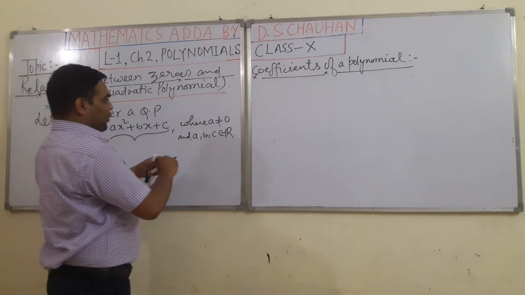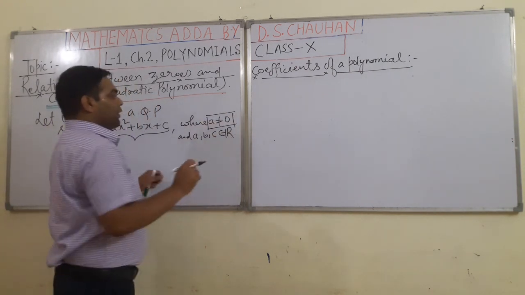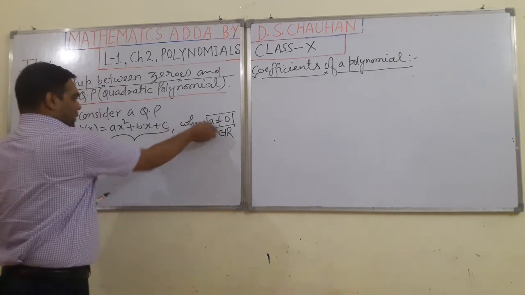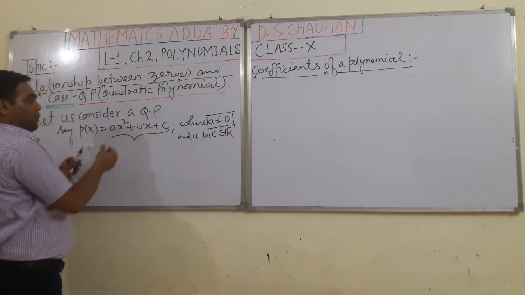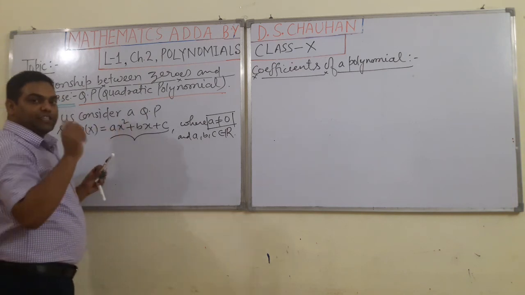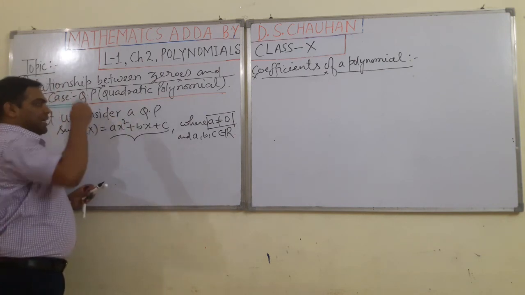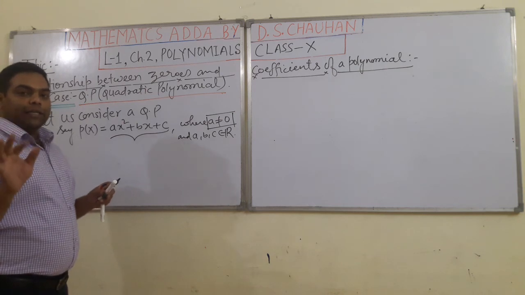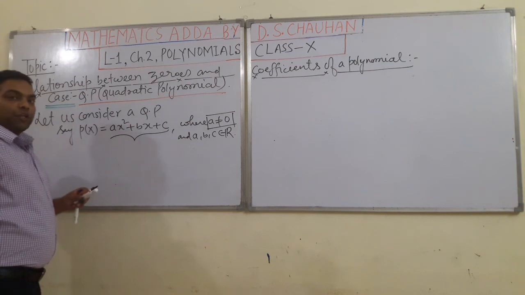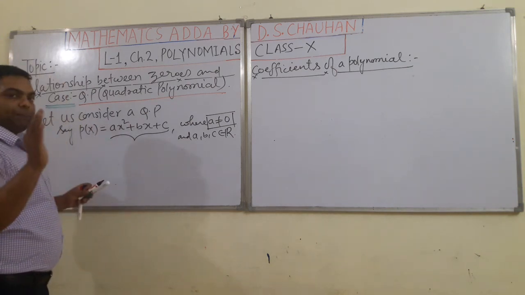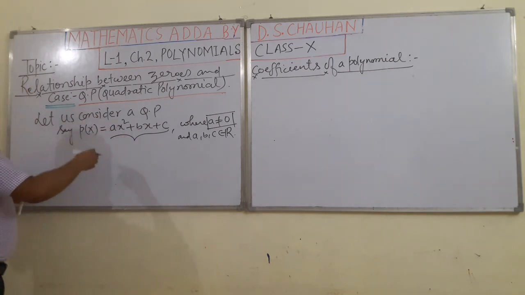So either you say constant term or you say term independent of the variable. Well students, one point came: why is a not equal to 0? Suppose a is 0, then this term will become 0, as 0 into something is 0. So the degree 2 will disappear, and being a quadratic polynomial, there must be degree 2. Okay students, keeping all these things in mind, we are going to proceed further.